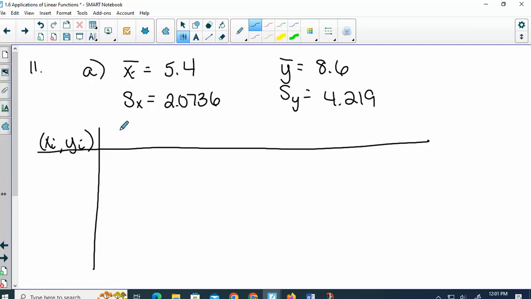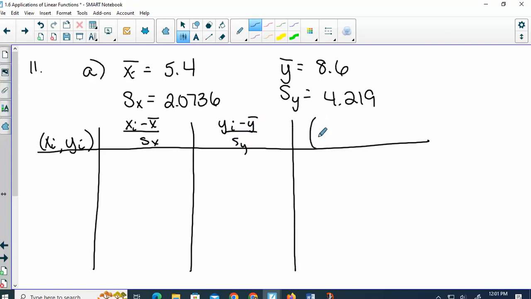Then next, we have to do the x minus x bar divided by standard deviation. Then we do the same thing for y's. And then we multiply those.